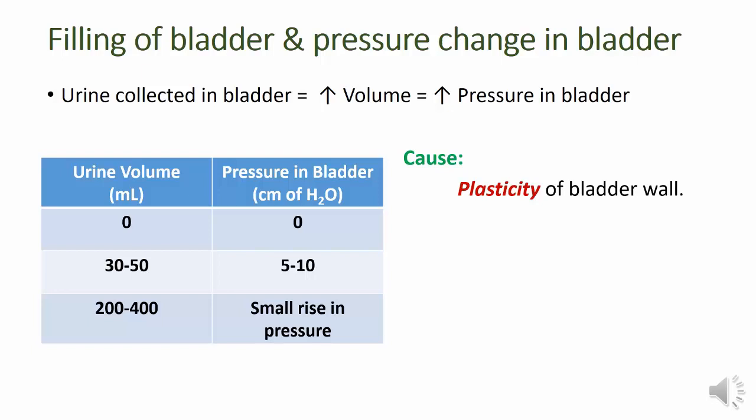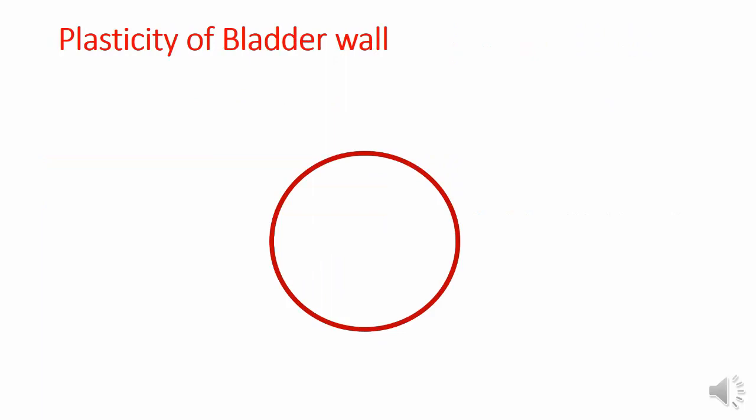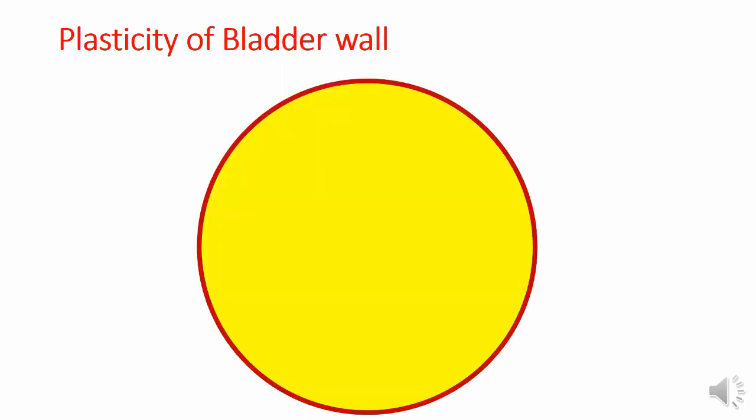Now what is plasticity of the bladder wall? Suppose this is a bladder, and when this bladder is filled with urine, what happens? The urine now stresses the bladder wall by the pressure inside the bladder.